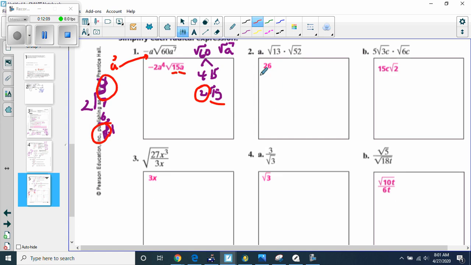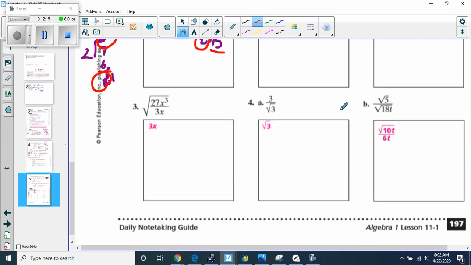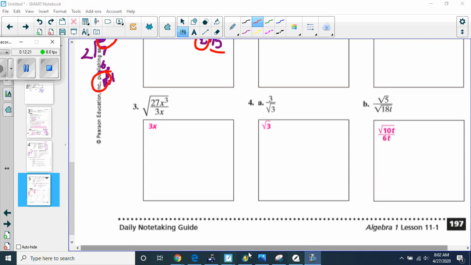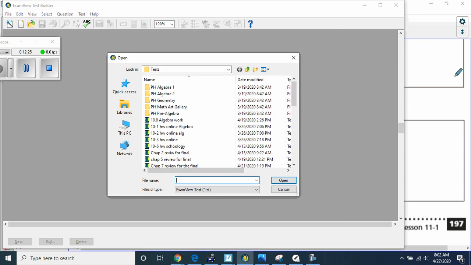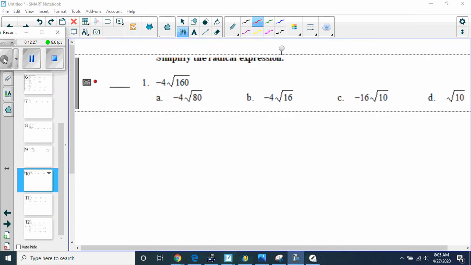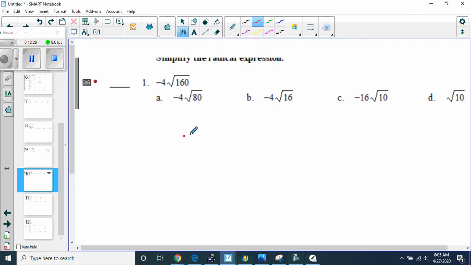Okay, you can look at the rest of these here, and I'm going to go over a few ways to do this, and maybe even look at the homework questions. So let's look at these homework questions here. I got -4 times the square root of -160.